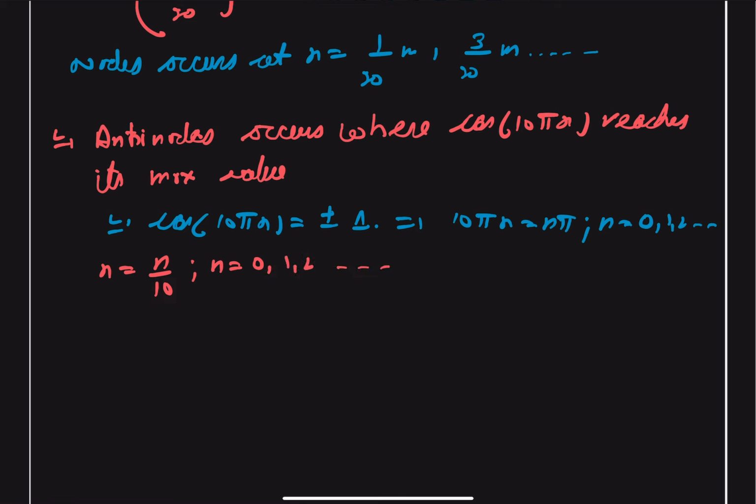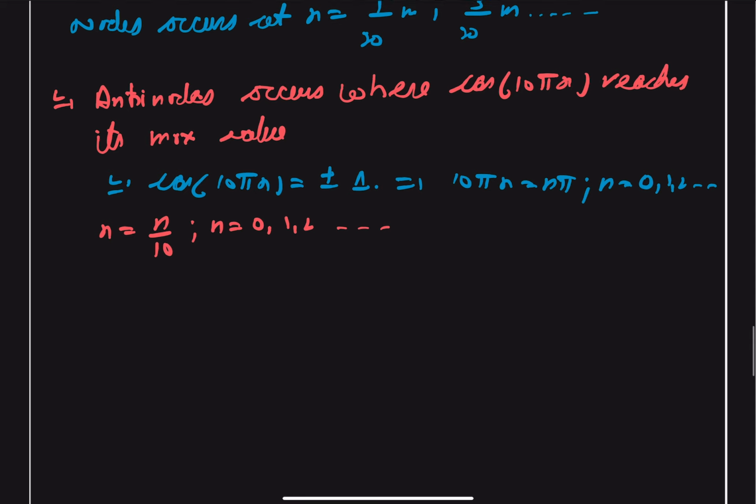So now we put the value of n one by one and we can write that our antinodes occur at x is equal to 0, 1 by 10 meters, 2 by 10 meters and so on.